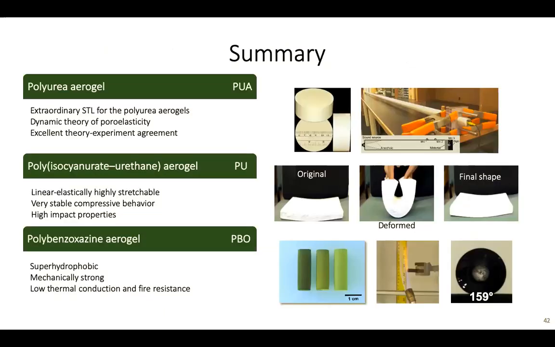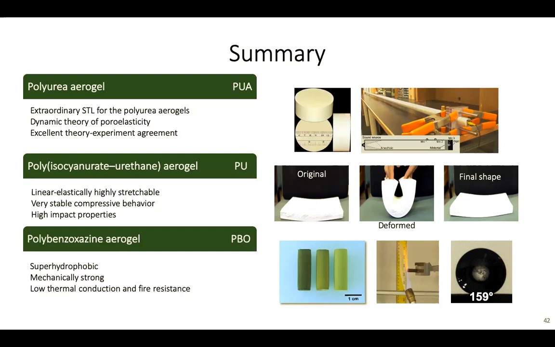So in summary, what I did in my PhD was modeling of polyurea aerogels to explain and show their extraordinary sound transmission loss behavior. I developed polyurethane-based aerogel with high stretchability and very good impact properties.